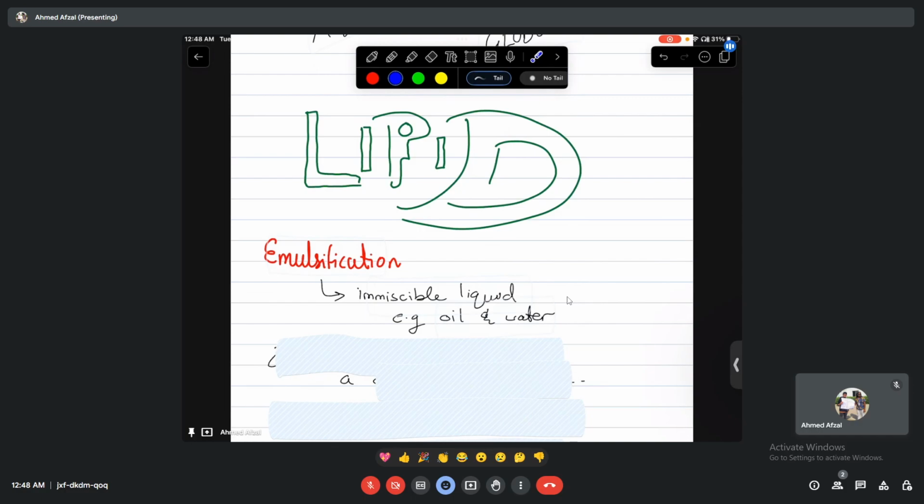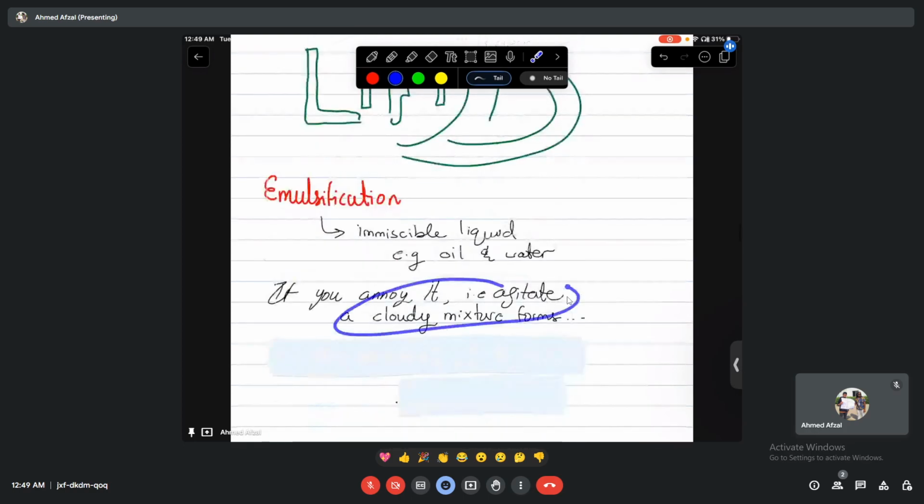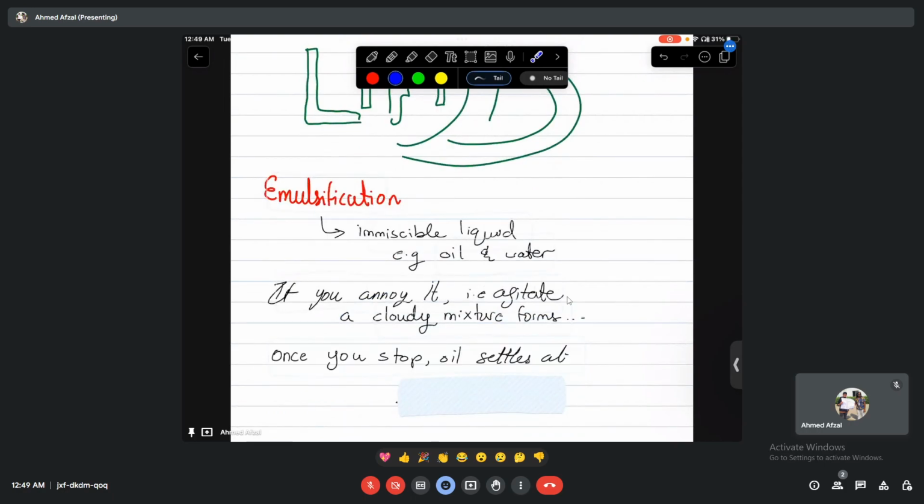So if you have any sort of lipid and you add water to it, and then you start agitating it, you start shaking it, right? What would happen? A cloudy mixture would form, right? And that cloudy mixture would stay as long as you continue shaking it.